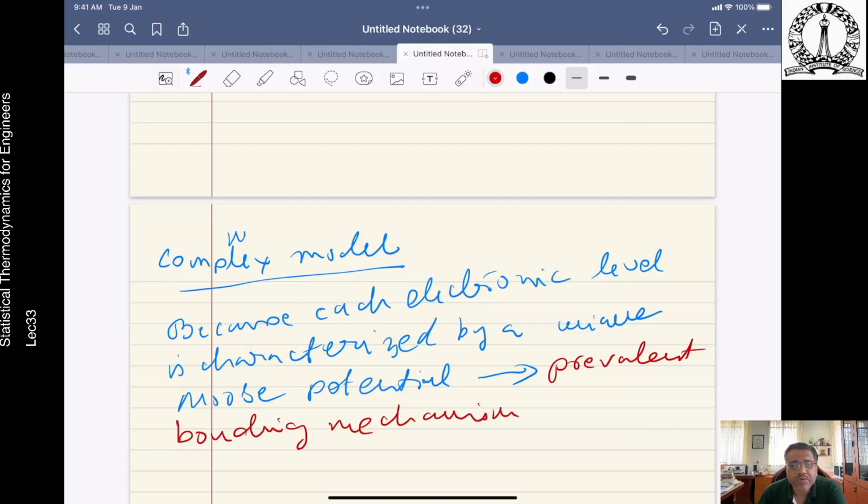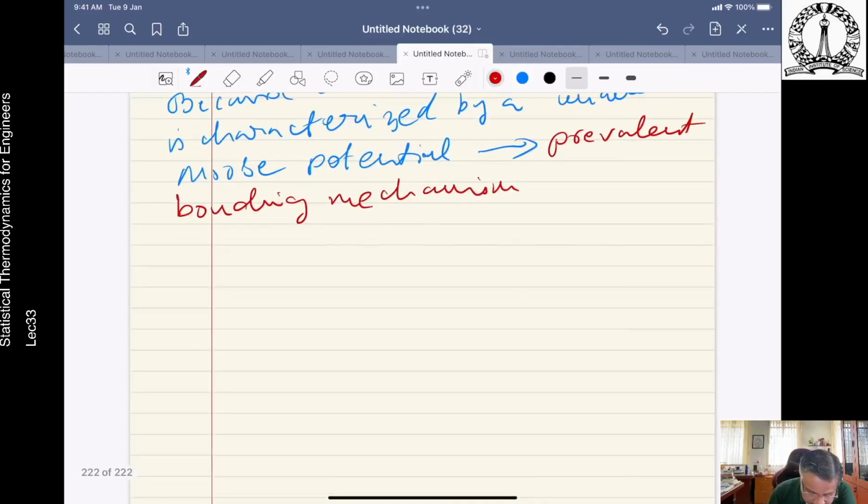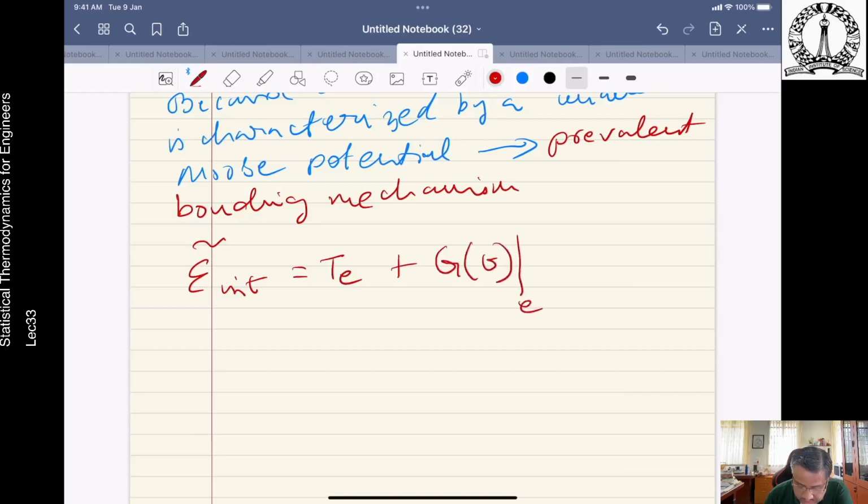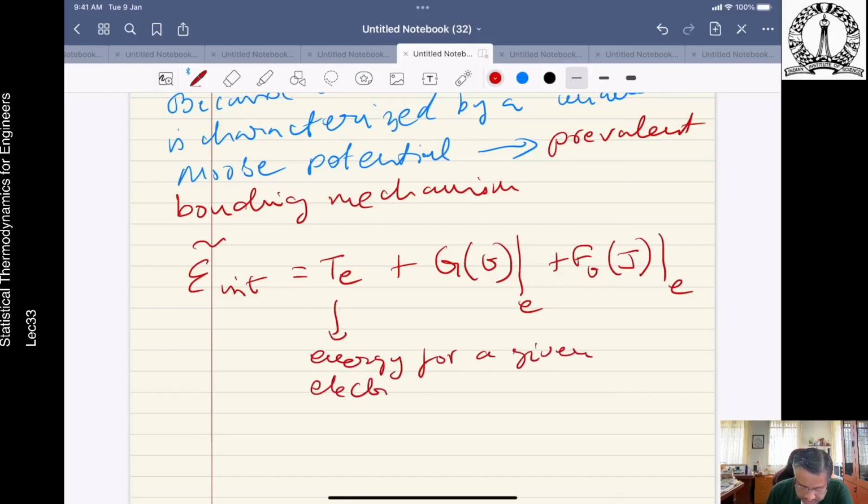So we can write the internal energy as T_e plus G_v plus F_vJ. We'll see what each of these notations means. T_e is the energy for a given electronic state.